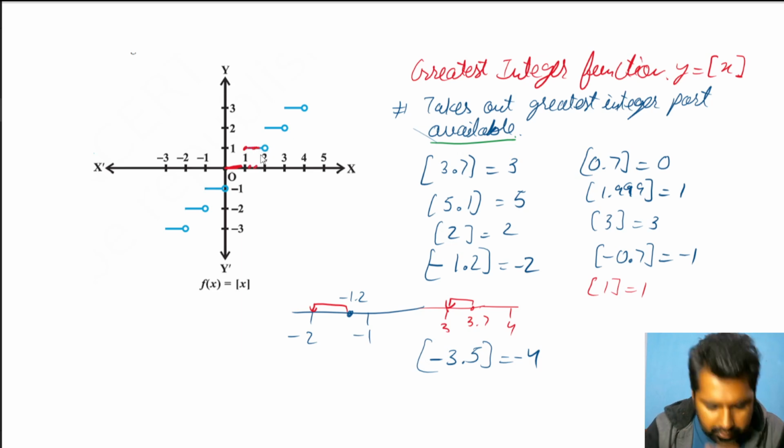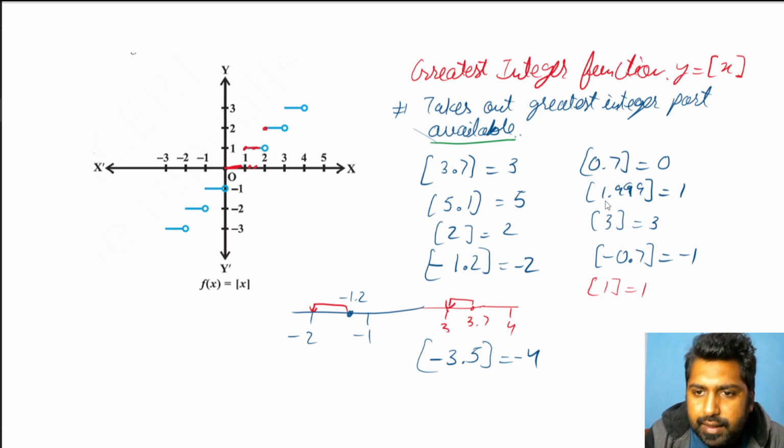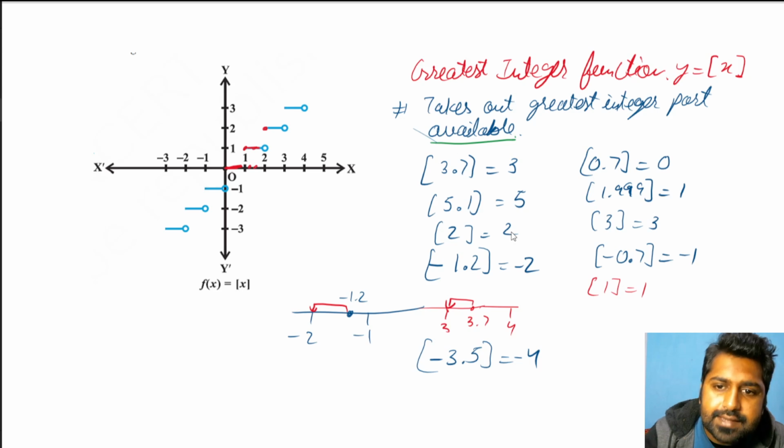It's just that when the value of x is approaching 2, the value of y is still 1. At exactly 2, the greatest integer again jumps to 2. Means up to 1.999, it's 1. At exactly 2, it suddenly becomes 2.